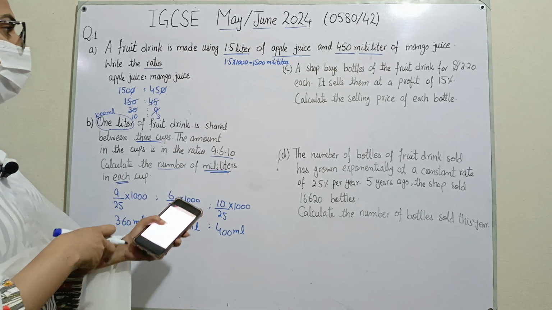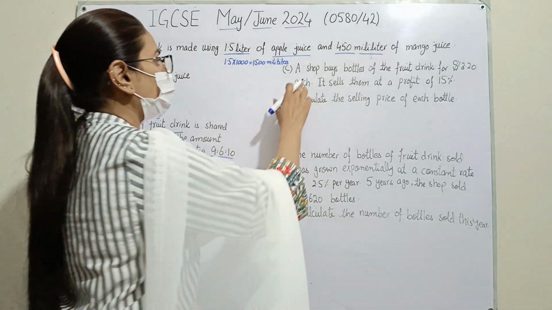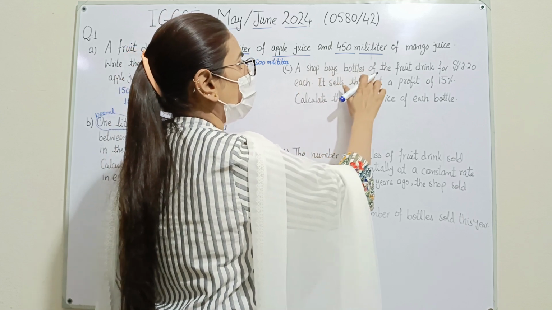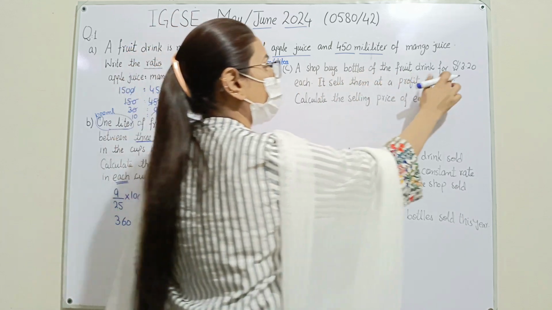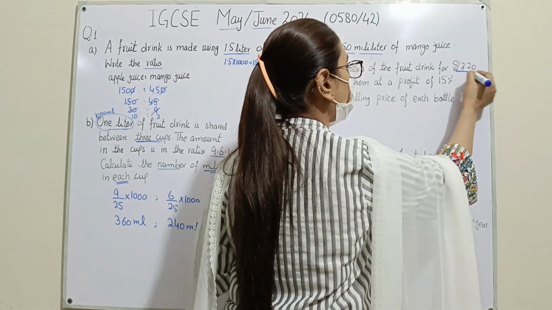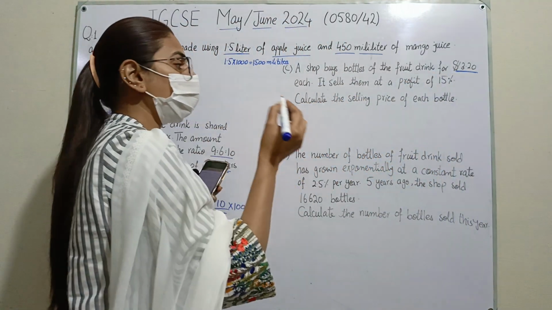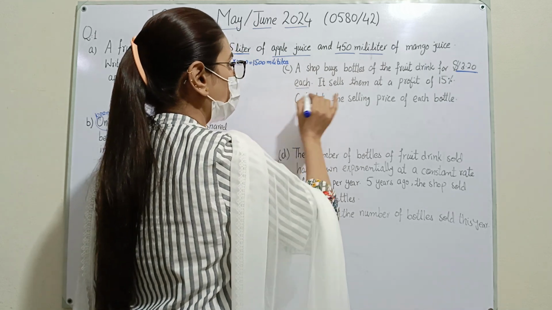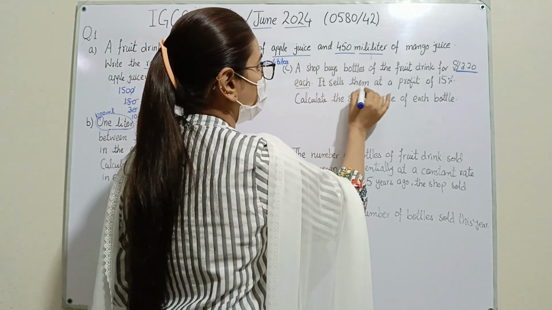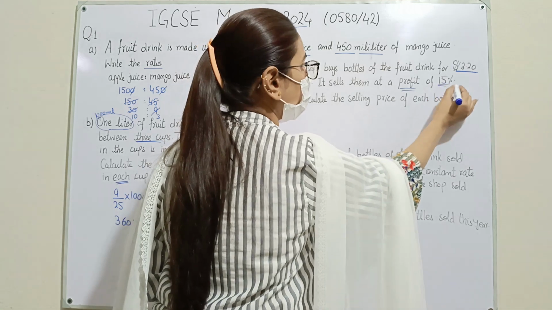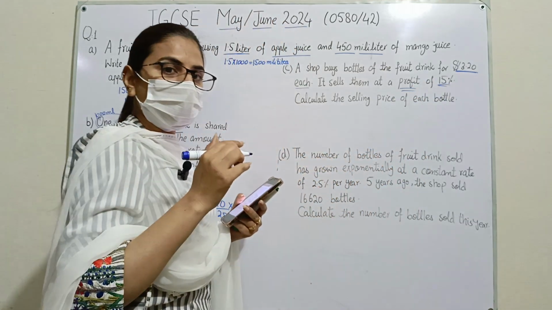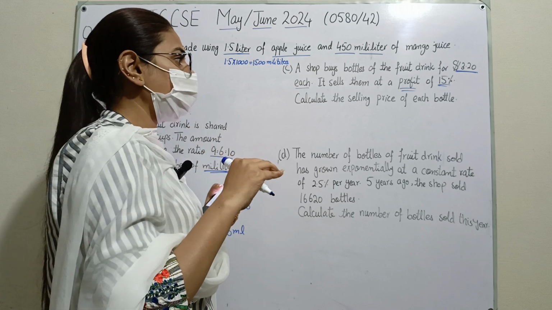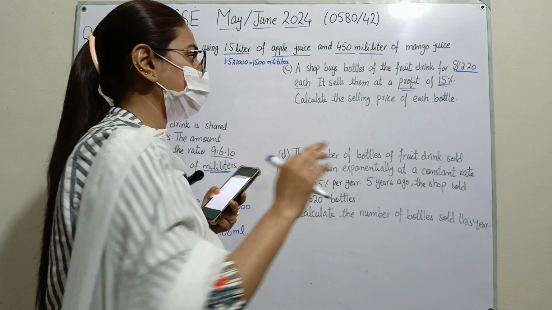Now let's move toward the next part, that is question number C. A shop buys bottles of the fruit drink for $3.20 each. $3.20 is the price of one bottle of the fruit drink. It sells them at a profit of 15%. Actually, if we are taking the profit, it means that we are selling at 115% of it.